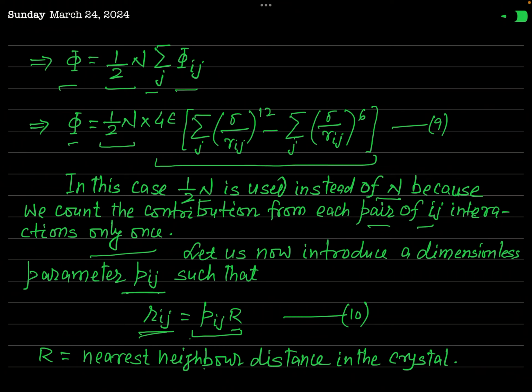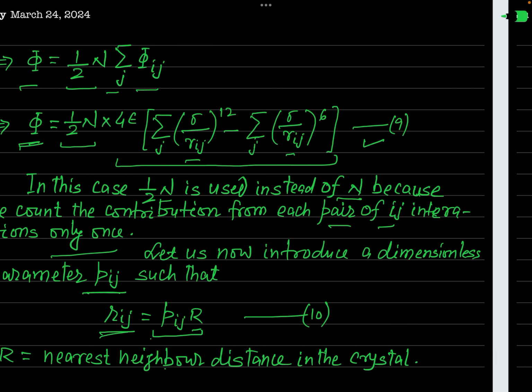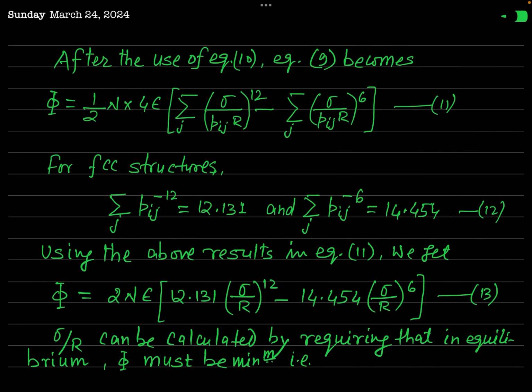If now your aim is to express this binding energy phi in terms of p ij, in the expression defined in equation 9 we must replace r ij by p ij times R. After doing this, what will we get?